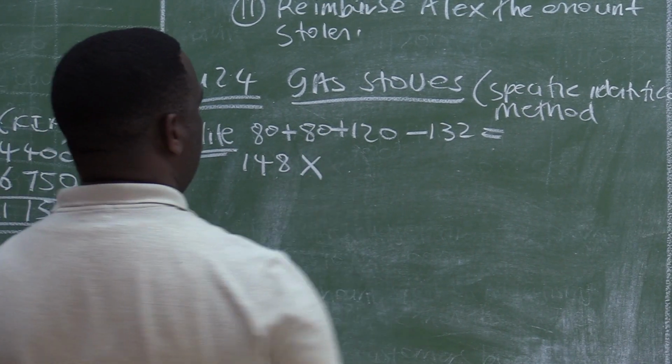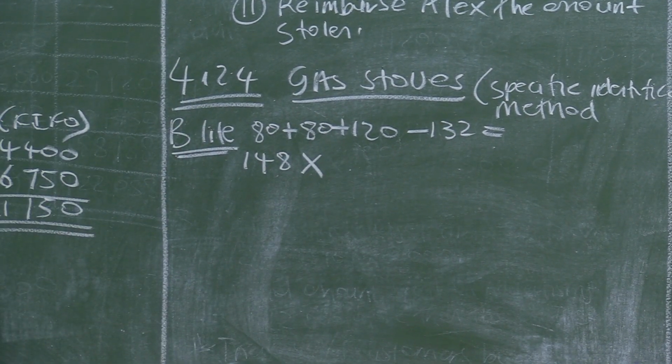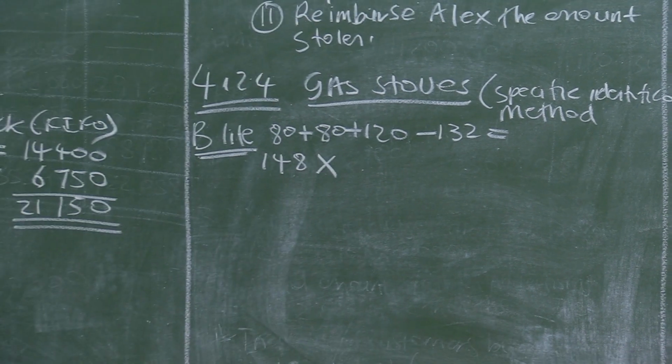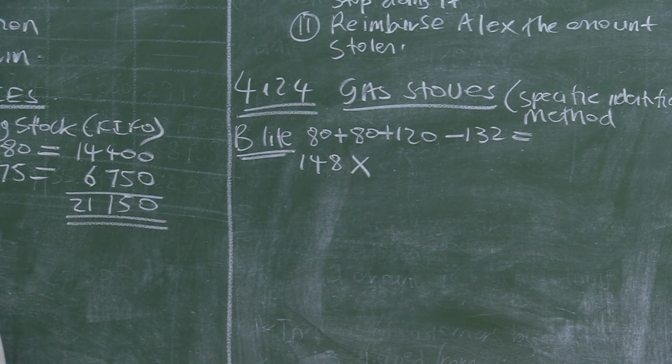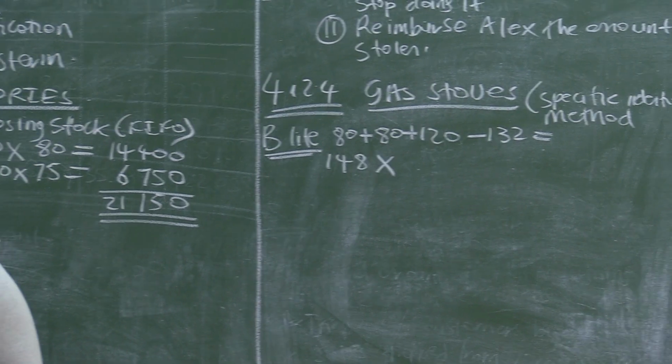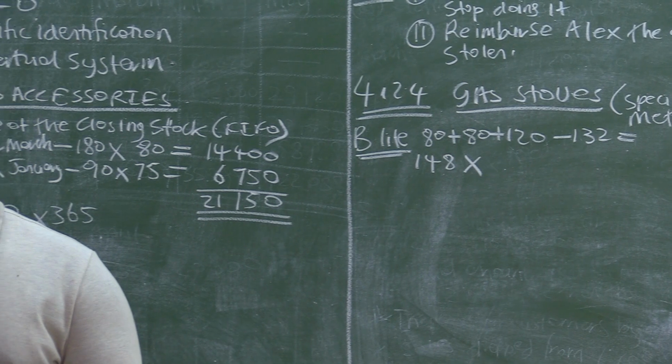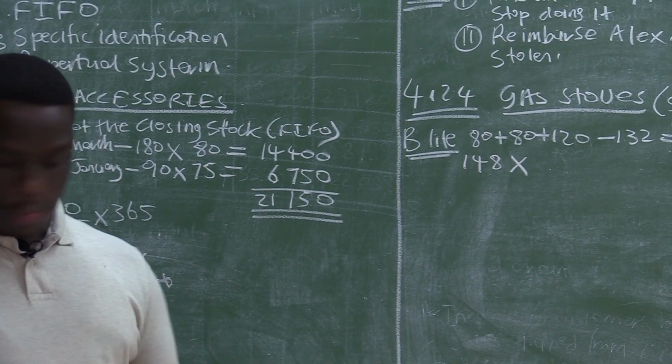And the unit cost for B light. We are left with 148 B lights. We bought 80 plus 80 plus 120 and we sold 132. So we are now left with 148.